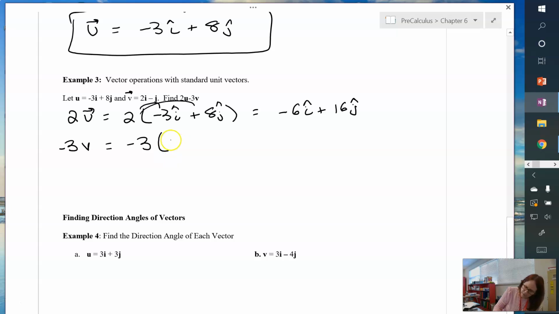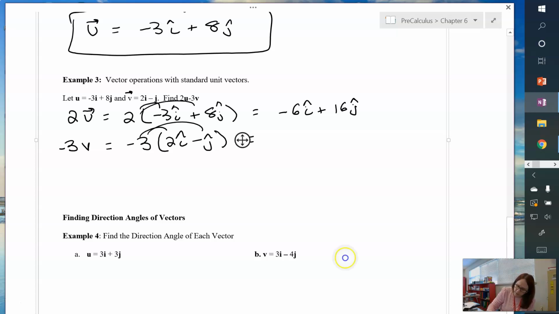And v is 2i minus j. So again, just distribute that negative 3, and I'm going to get negative 6i plus 3j. Okay, now all I have to do is add these together.